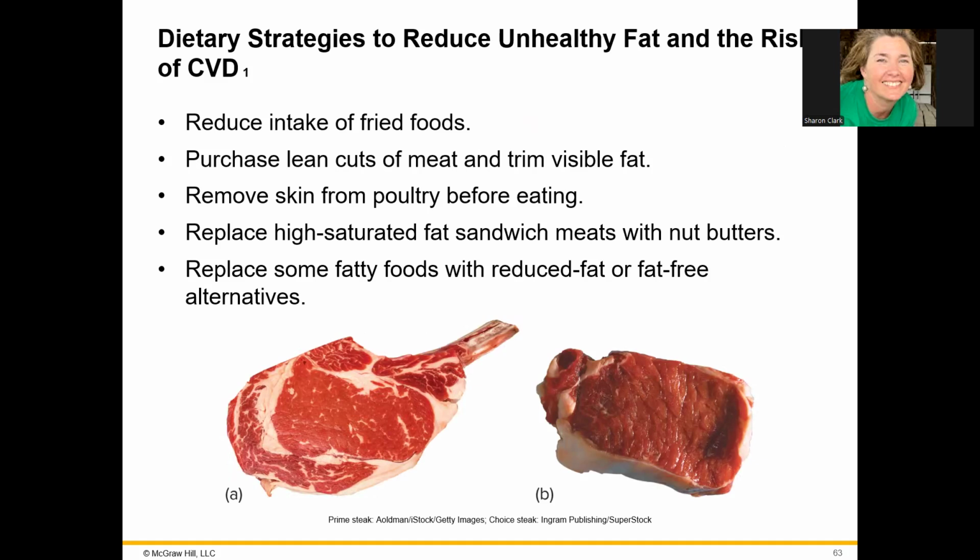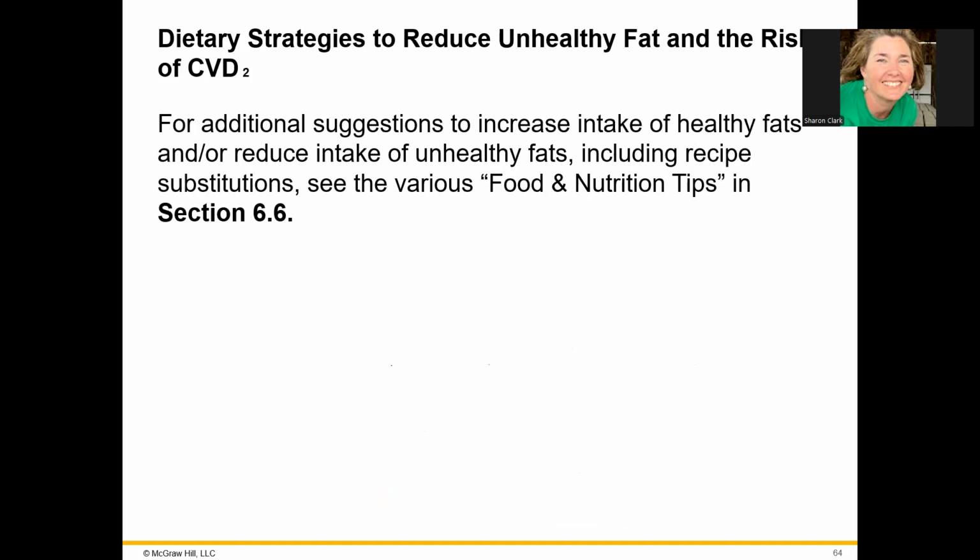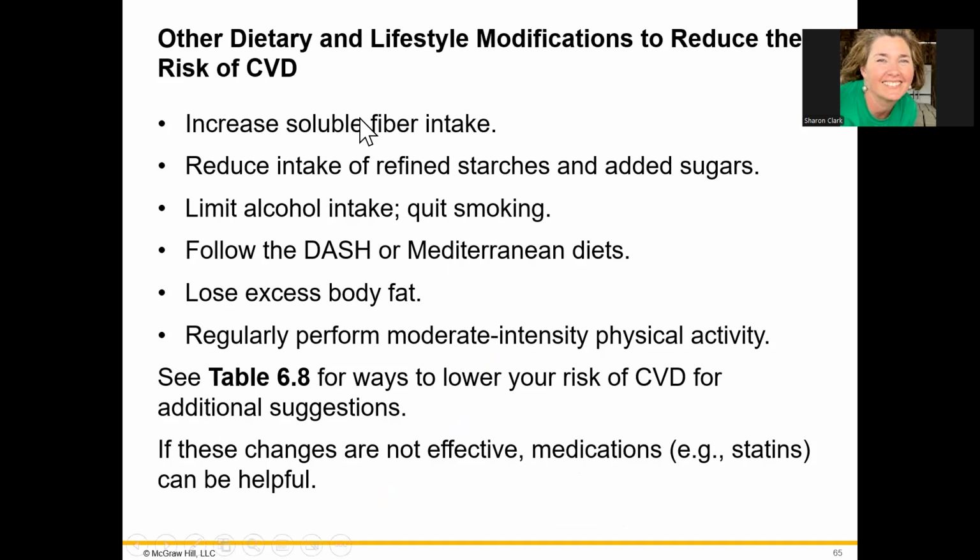So it was a real eye-opening discussion and therapy with my patients back in the day, encouraging healthy fats in their food. Now, don't forget real quick the intake of fiber. Remember soluble fiber?